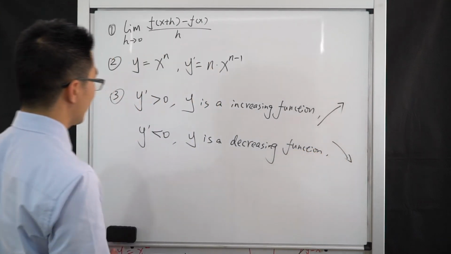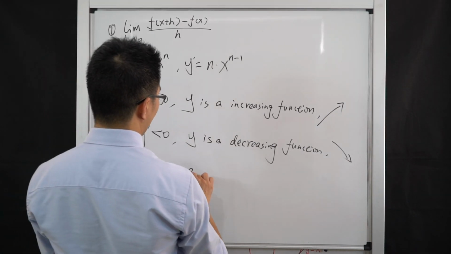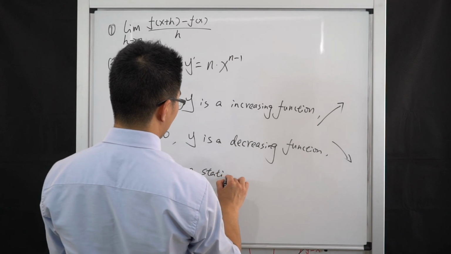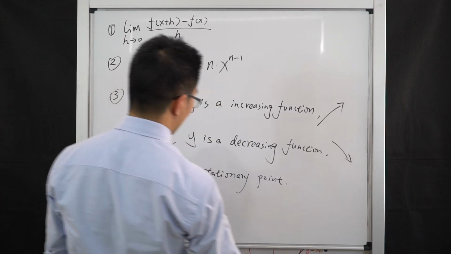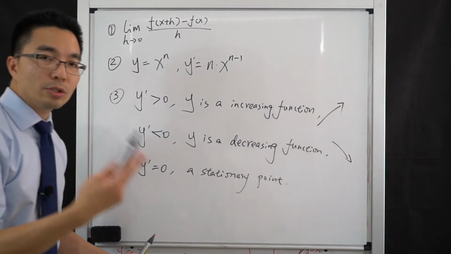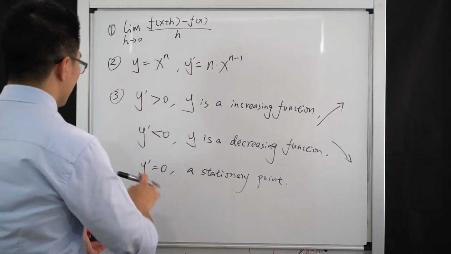When y dash equal to 0, we have a stationary point. Okay? In 2 situations, we can find the minimum or maximum of the function.